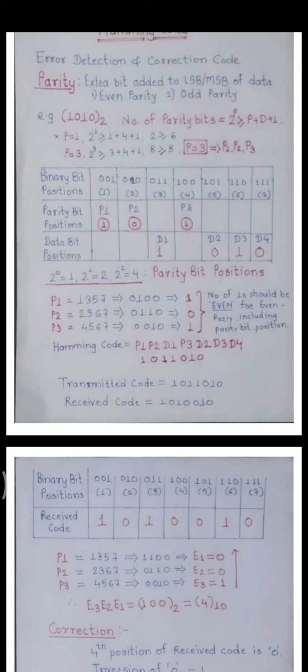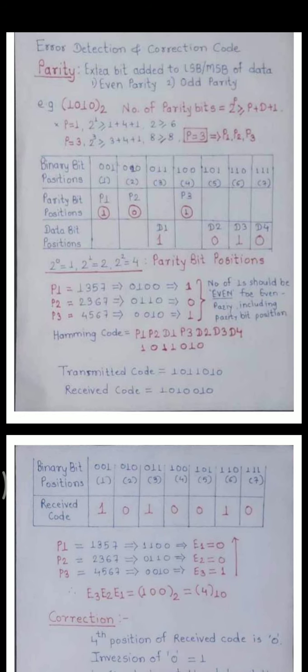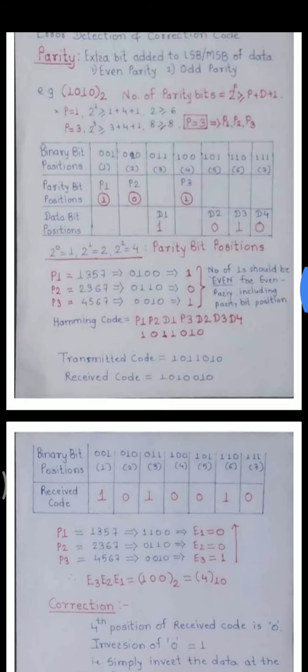So here the group of data is 0100, in which there is only one 1, which is odd in number, so we have to add 1 to this corresponding data 0100. So the total number of ones becomes 2, which is even. Got it? 0100 and 1. Okay, so there are two ones, which is an even number, so the parity P1 becomes 1.